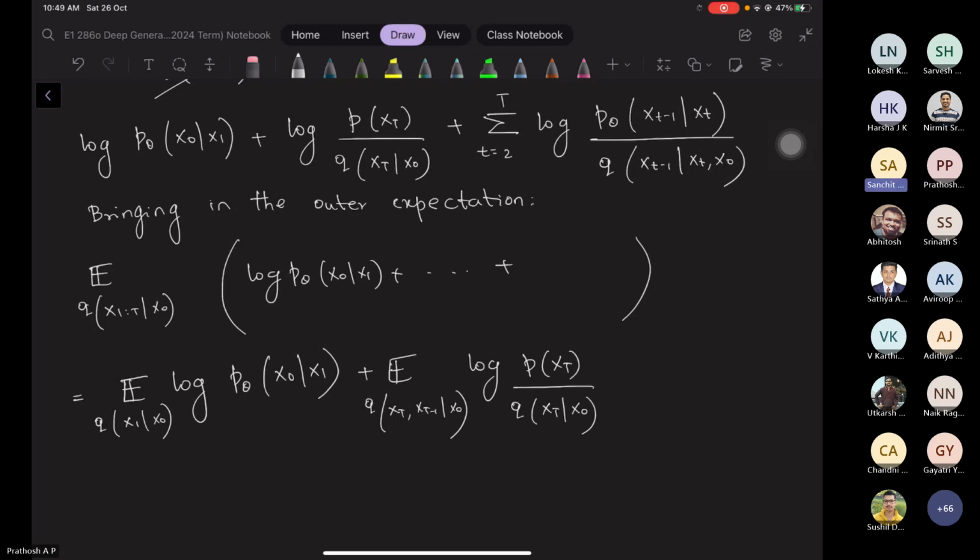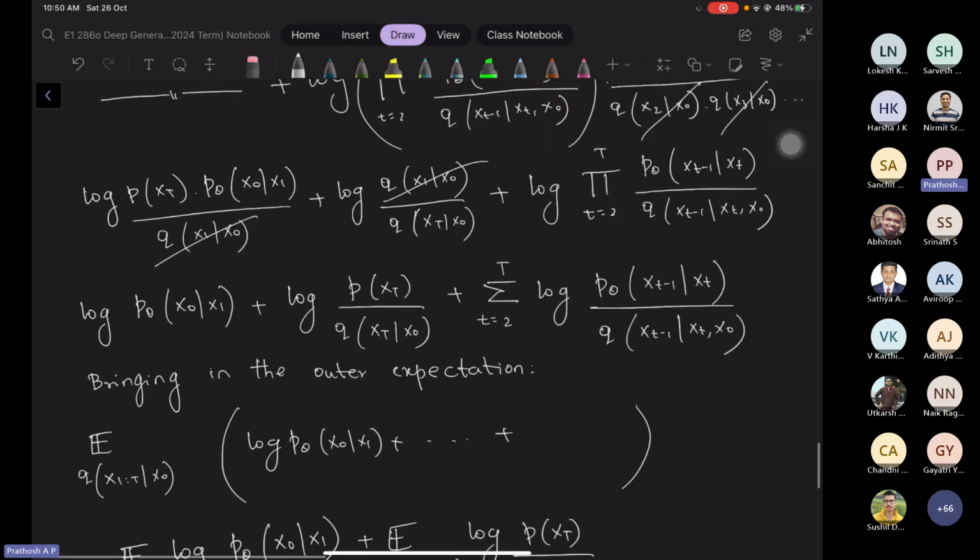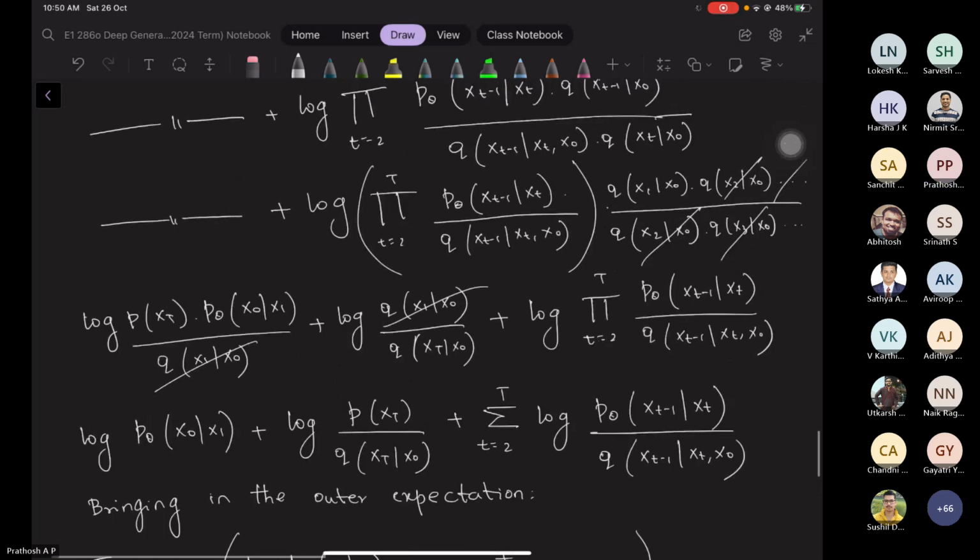Sir, why xt minus 1 here? I think I made a mistake here while writing. Oh, this was my mistake, sorry. So here, q of x naught, x1 given xt.